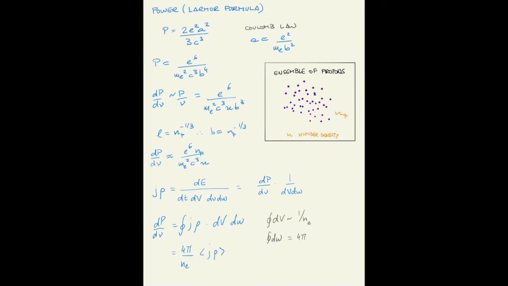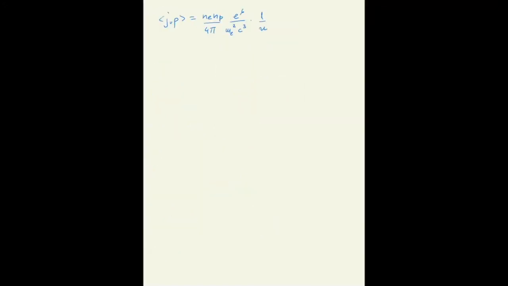So if we substitute the expression that we found for the spectral power, then we find what the J rho is. So this is an expression for the ensemble emissivity. Now, notice that this still depends on the velocity. Now, in an ensemble, particles will have different velocities, so this equation cannot be the whole story. To get to the emissivity of the ensemble, we need to integrate over the velocity distribution.